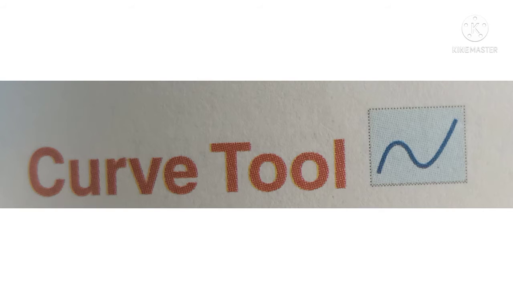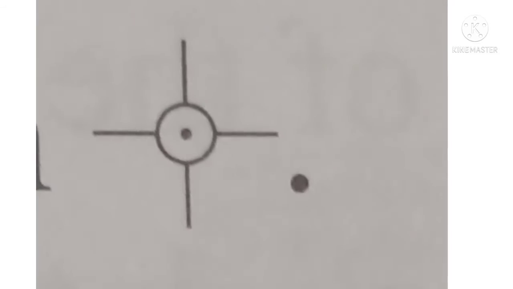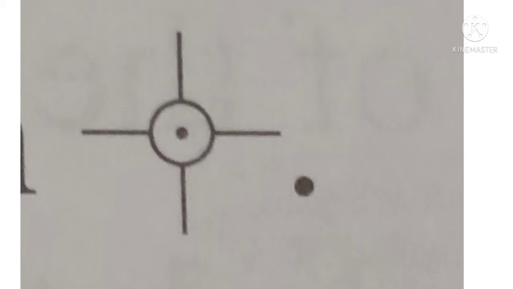Number 1. Click on the curve tool in the shapes group of the Home tab. Number 2. Move the mouse pointer to the drawing area. Notice that the mouse pointer changes to a cross sign. Number 3.